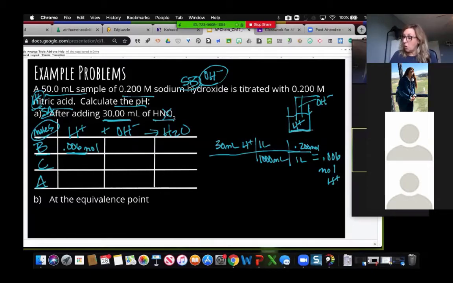Then I need to know how many moles of OH minus are getting dropped in there. Oh, actually, you know what? This is flipped around here. This won't change our calculation, but just so we know, in this particular one, this is the OH minus and this is H plus, just so there's no confusion there. Okay, so then for the OH minus, I have 50 milliliters.